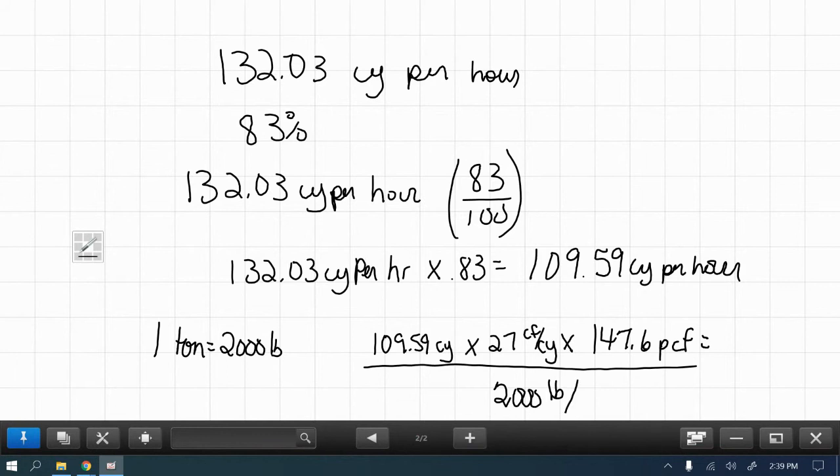Pounds per ton. So then that would cancel, that would cancel, that would cancel, and I'd be left with tons. So what did you get for your answer if you crunch that? 218.37 tons.